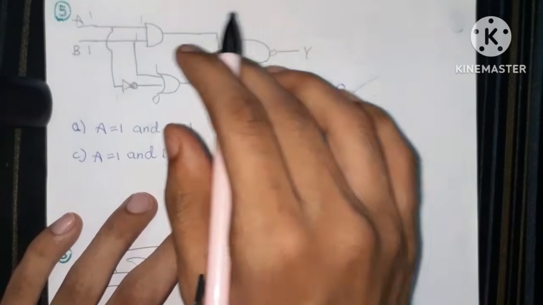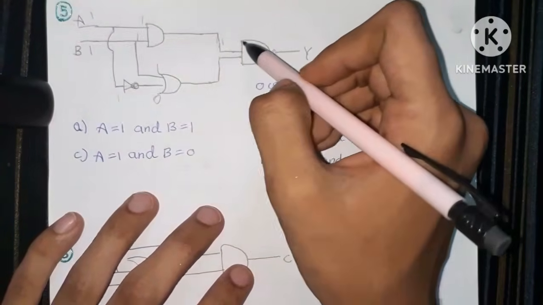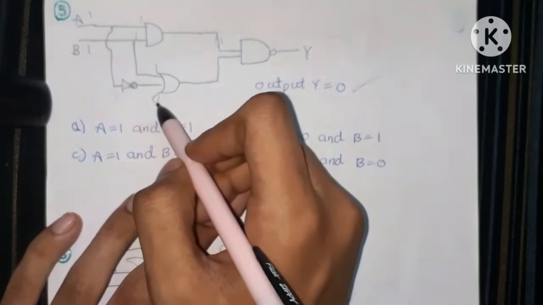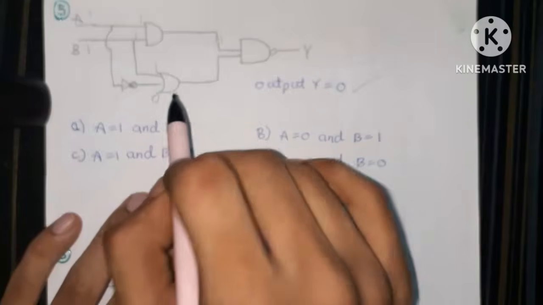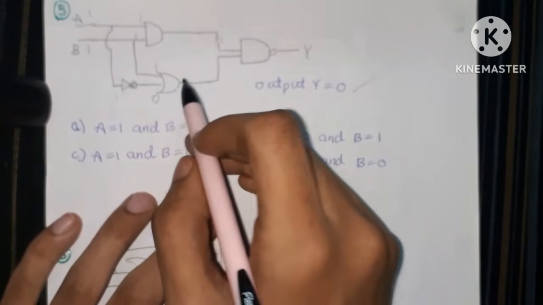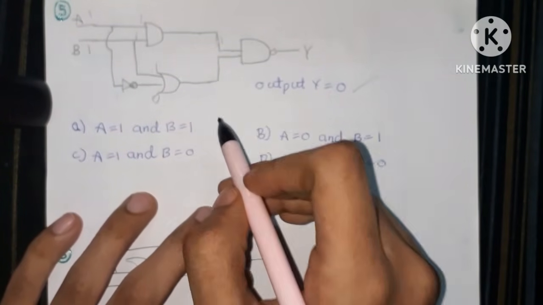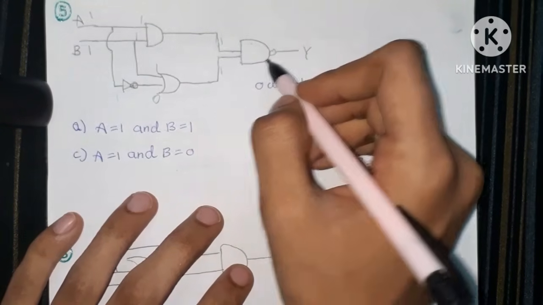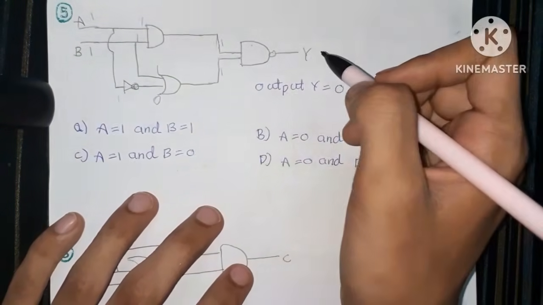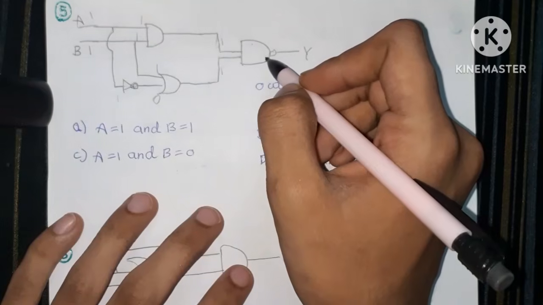Here we got 1 and we are having 0 and 1 at the OR gate. The OR gate will give the output of 0 and 1 as 1, where we got 1 and 1 here at the NAND gate. This is the NAND gate.